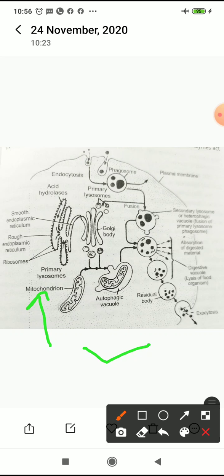In some cells like amoeba or other protozoa, these residual bodies are eliminated. But in other cells, they remain for a long time and may load the cell.